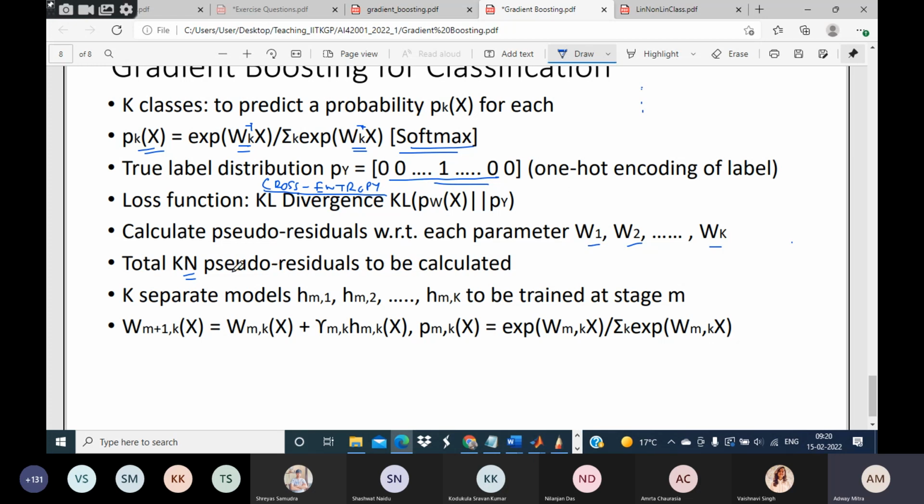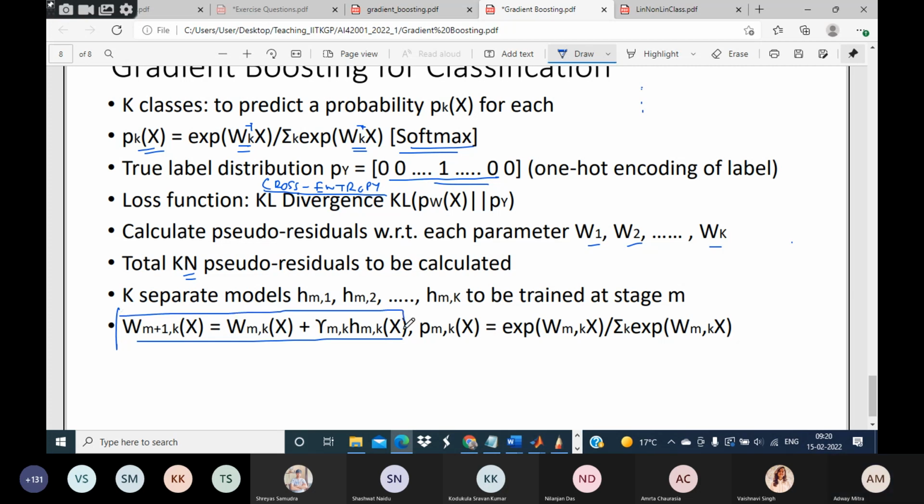So a total of kn pseudo likelihoods will have to be calculated. And then at each stage you will have to update these parameters individually, for every value of k.